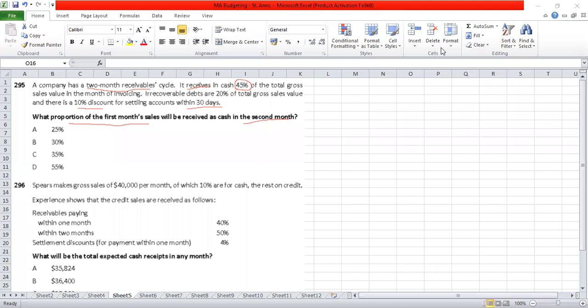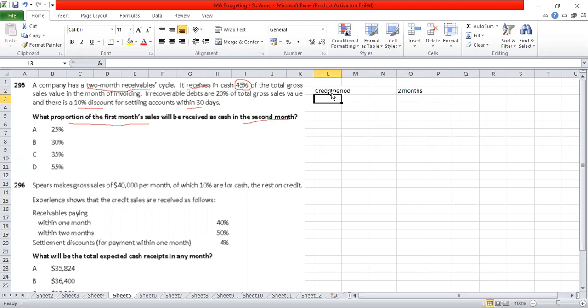Okay, so step by step. That 45% of total sales is calculated after deducting that 10%. What is received is what percentage, we have to understand that. So let's mention the terms so that it will be easier. Credit period is 2 months.